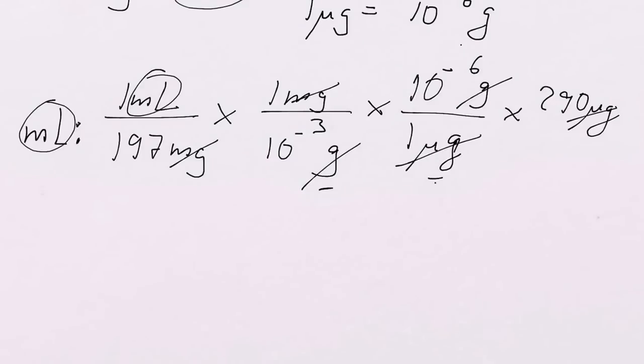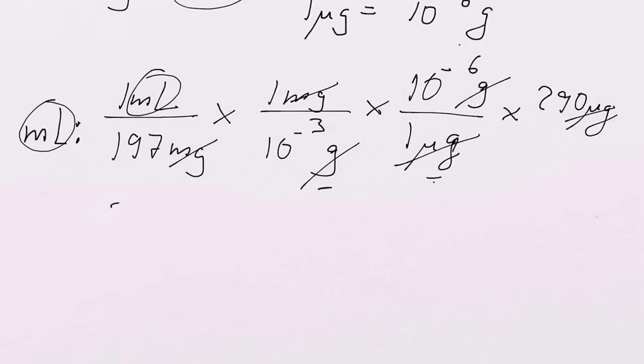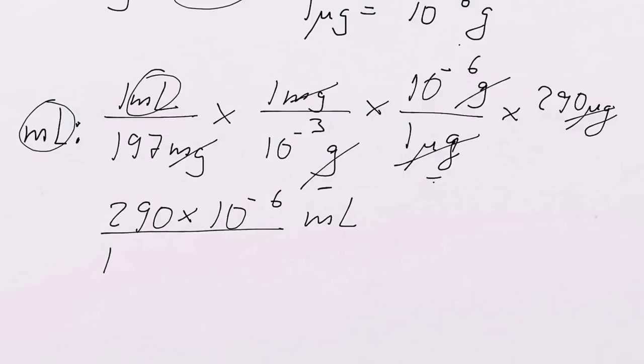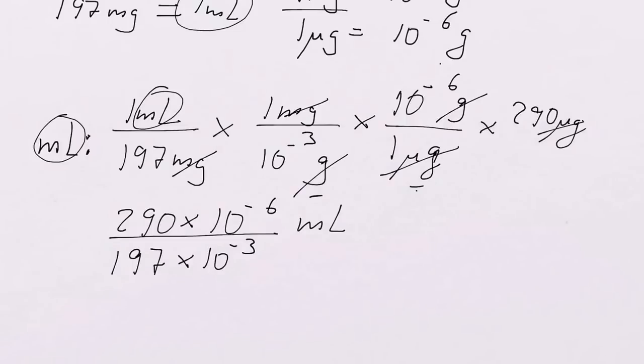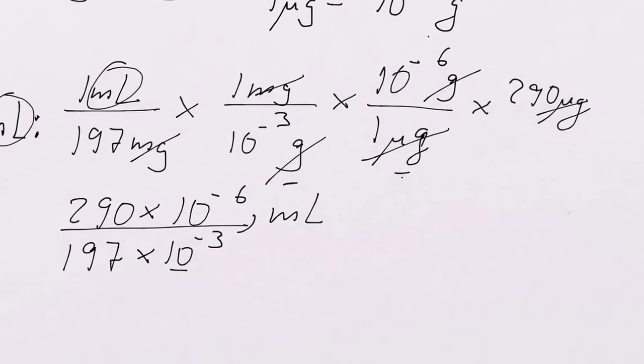So we have 290 times 10 to the minus 6 milliliter divided by 197 times 10 to the minus 3. And we can bring this one up here with a positive.